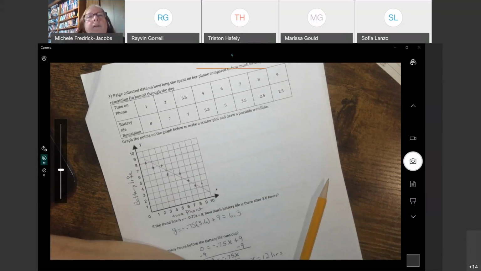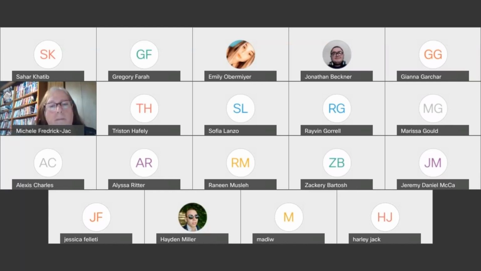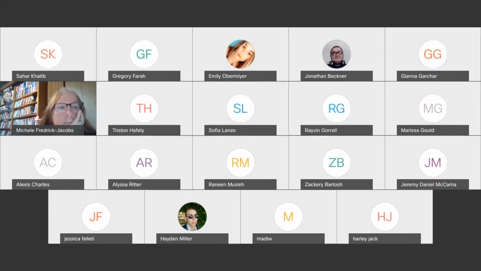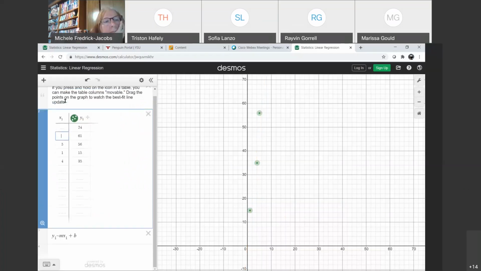So if we go over there, the one I'm going to do, if you look at your correlation homework, I'm going to do those points, the time on the phone and the battery life, and we can see that the lines will be similar.